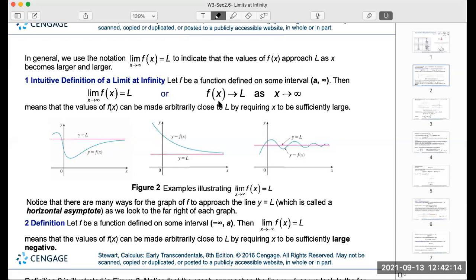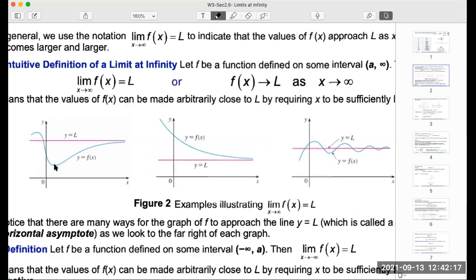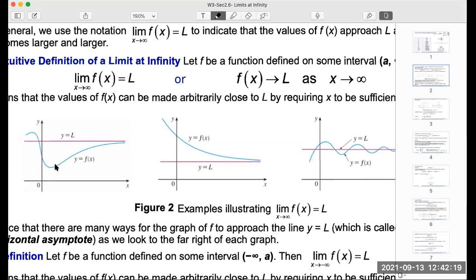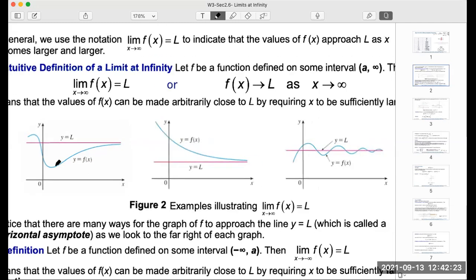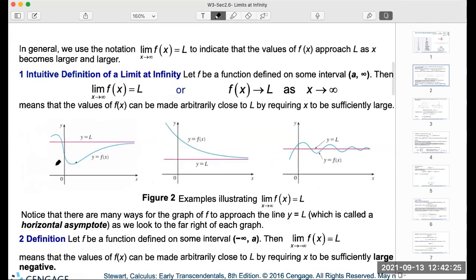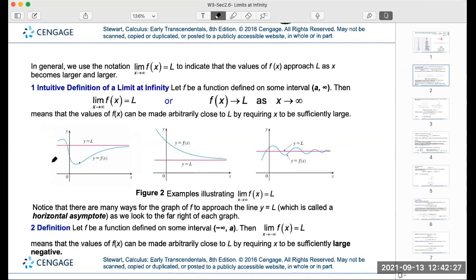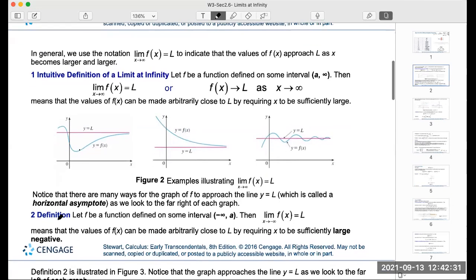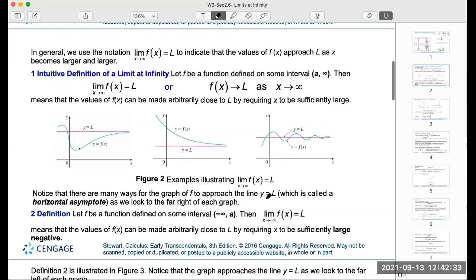There are different situations. Yes. So we call it the horizontal asymptote. Here, y is equal to L, we call it the horizontal asymptote. Just a name for the red line here.